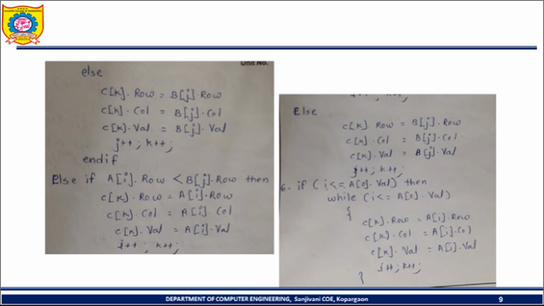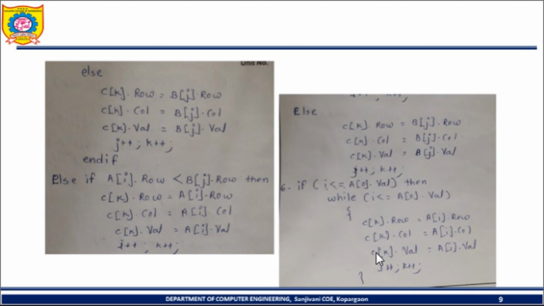In that case, what do we have to do? Here we have to check. If i is less than or equal to the non-zero value of the A matrix, meaning the A matrix is not completed, then we take another while loop. In that we execute the loop until i reaches the non-zero value of the A matrix, copying all the row, column values of the A matrix to the C matrix.